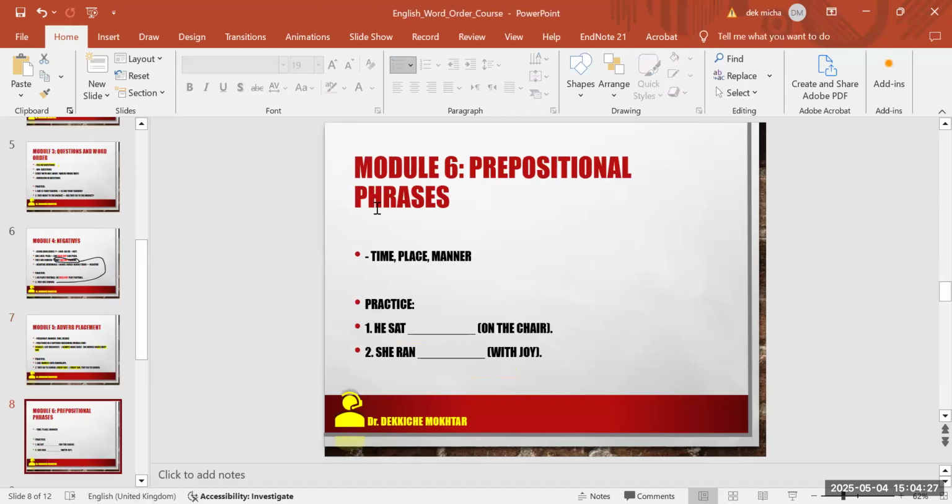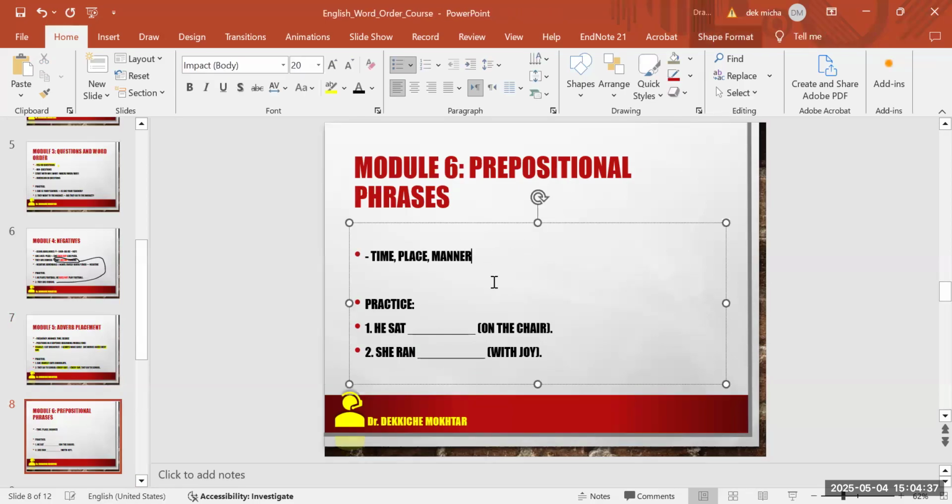Moving to the prepositional phrases. Prepositional phrases tell us about time, place, or manner. They usually follow the verb, meaning that their place is just after the verb.